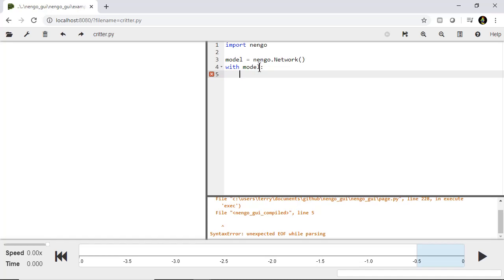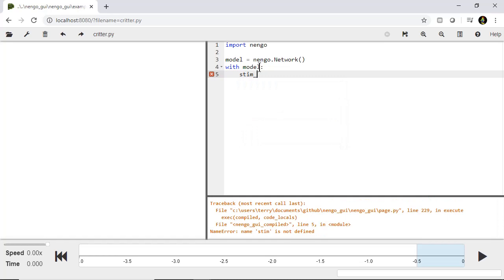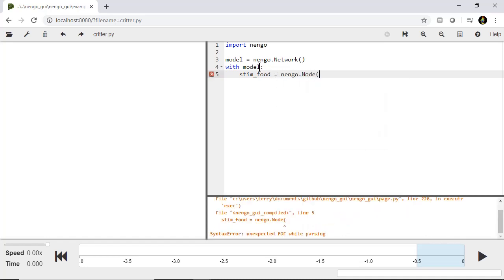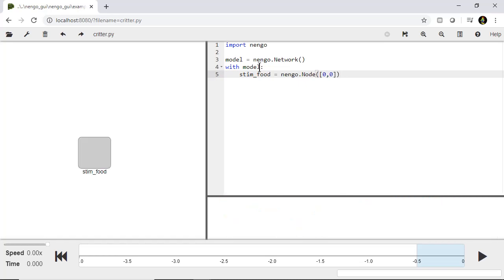There's some sort of stimulus coming in that says what direction and distance the food is. And that's going to be two values, just an x distance and a y distance. There are lots of other ways we could do that, but it's just going to be two numbers. That's what's going to be coming in, telling it whether the food is up, down, left, or right from where we are.